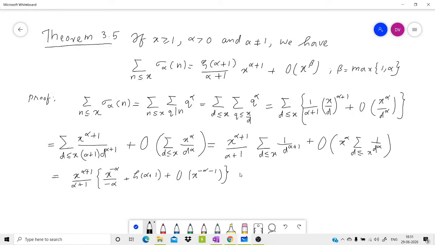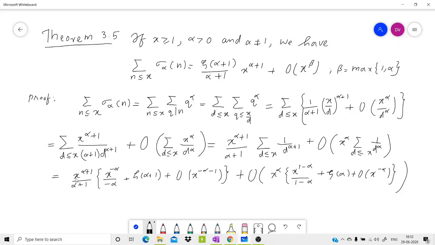Okay. Then we have plus O of x raised to alpha. Here we can again apply the b part, that will give x raised to 1 minus alpha divided by 1 minus alpha plus theta of alpha plus O of x raised to minus alpha. Okay.